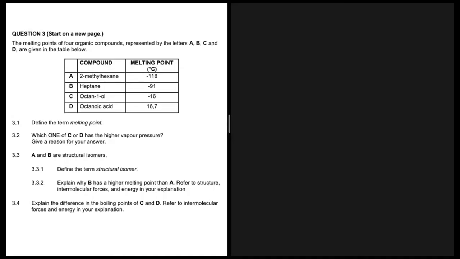Before we do that, let's do 3.1, which says let's define the term melting point. So melting point is the temperature at which the solid and liquid phase are at equilibrium. And then now 3.2 says, which one of C or D has the higher vapor pressure? Give a reason for your answer.